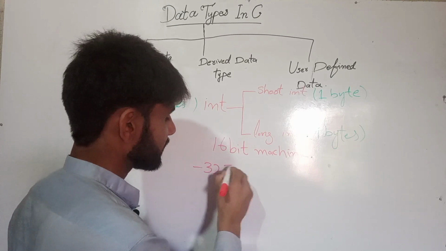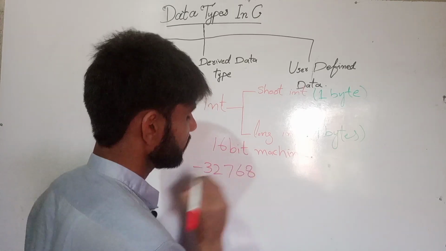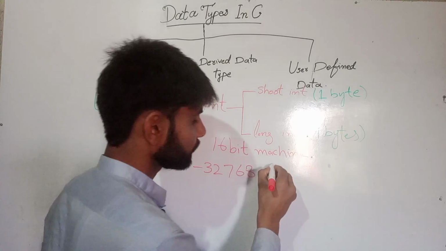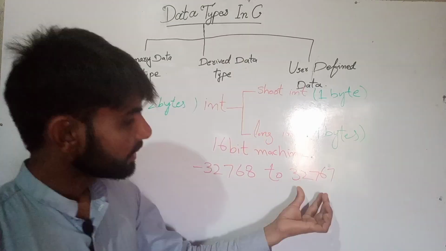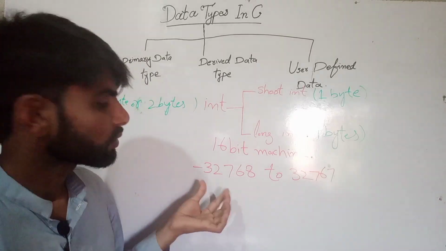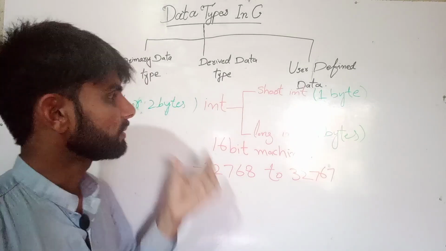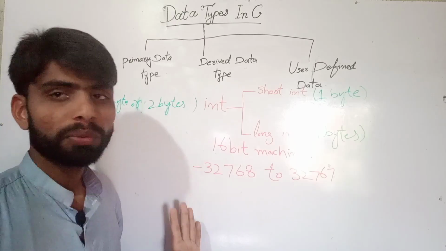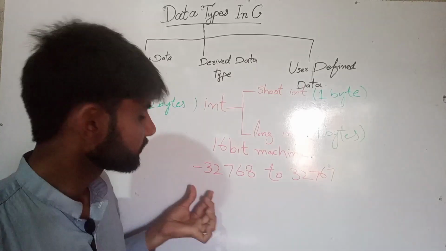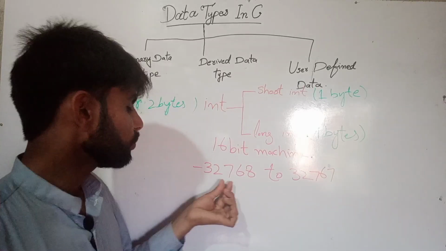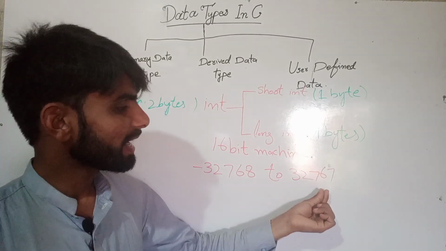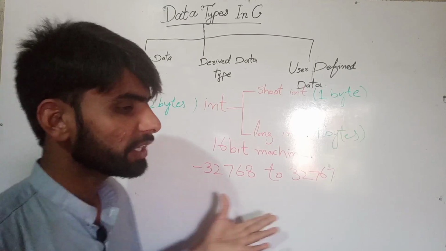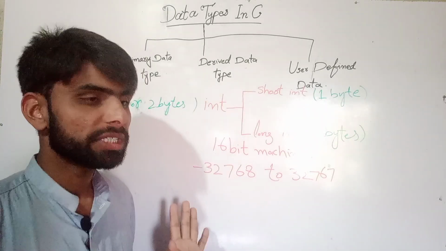Integer data types can store both values, from negative 32768 to 32767. So this is the range of int in a 16-bit machine, right?